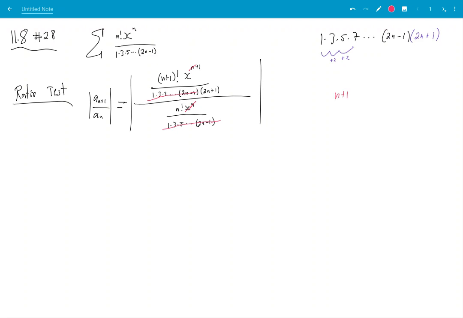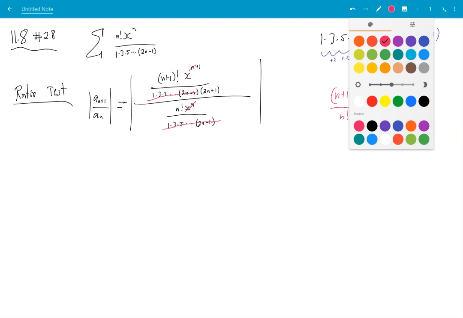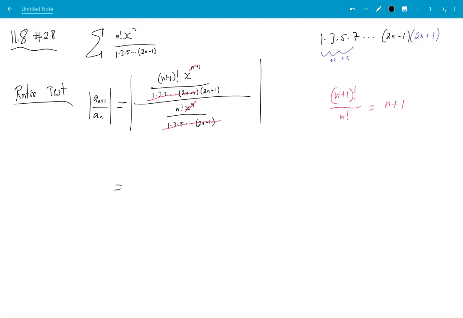And then you have n plus 1 factorial over n factorial, which is just n plus 1. So what do you get? You get n plus 1 surviving from here. And on the bottom, you have 2n plus 1. And then you still have x to the power of 1, but that's going to go in the absolute value.